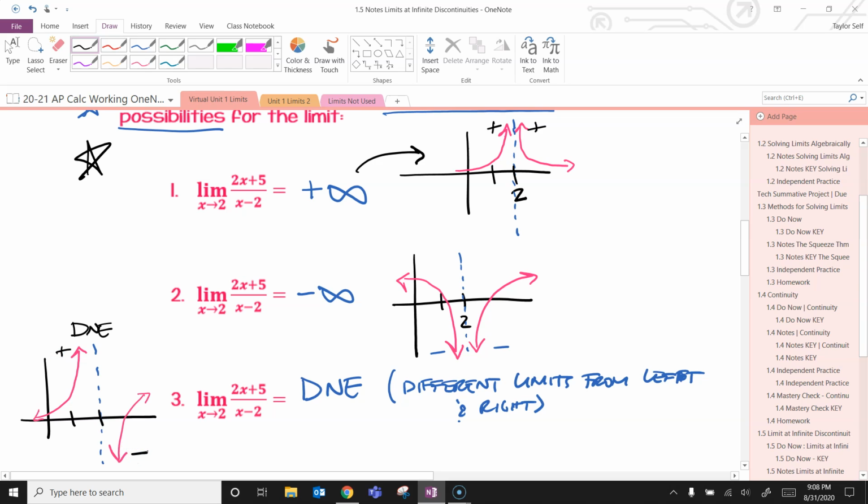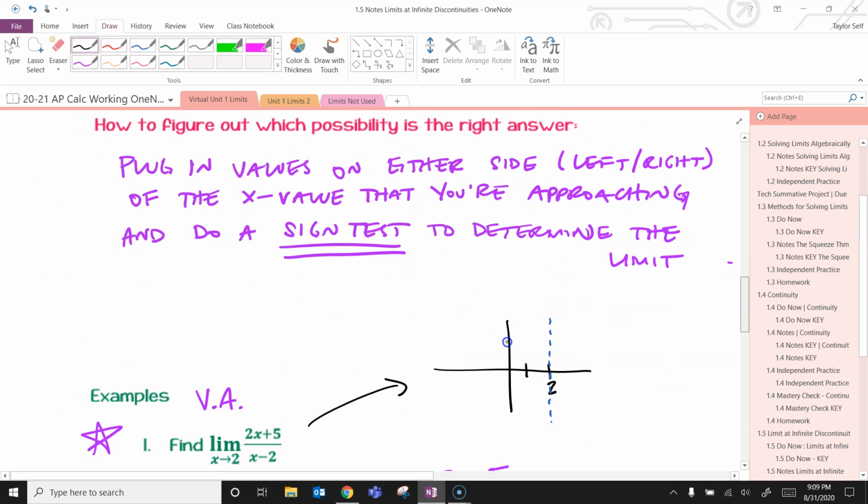Okay, so these are our 3 possibilities. That's why we're checking what the limit looks like just to the left of 2 in the example, and then we're going to check what it looks like just to the right of 2. It's called a sign test because we only care about the signs on the left and the right. Okay, here we go. Let's finish this example. Sorry about that little tangent.